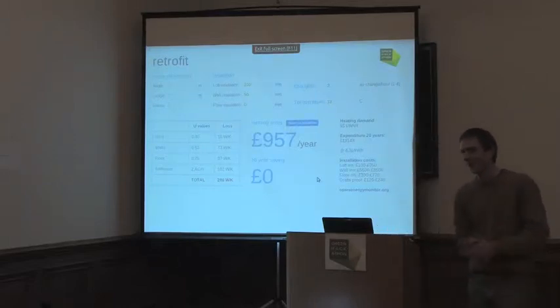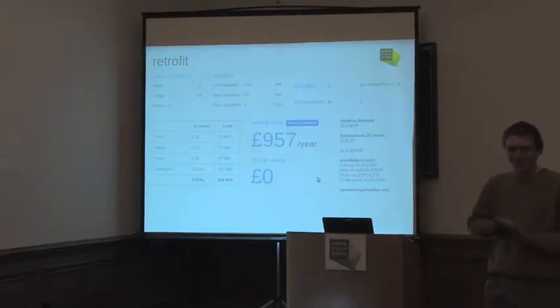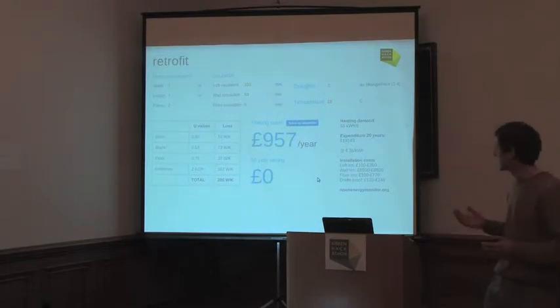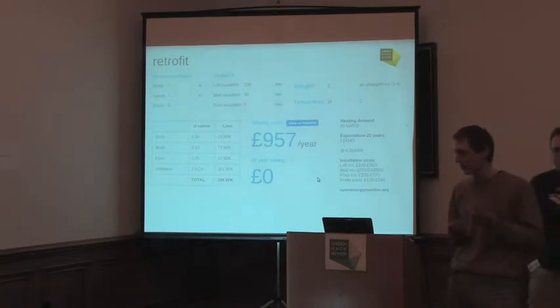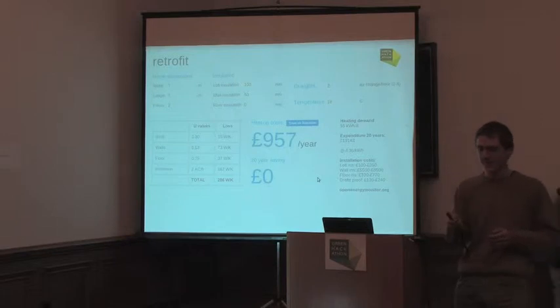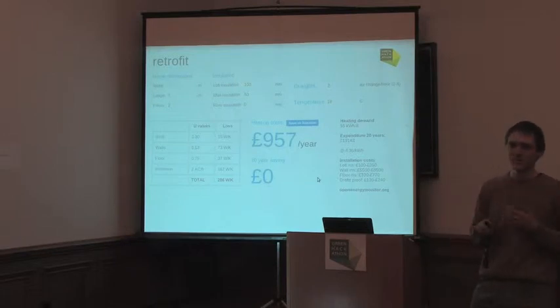Okay, so as I'm sure you'll know, retrofitting housing has a massive, significant opportunity for carbon reduction. And this is just a small application really to explore the effect of doing different retrofit measures to houses.